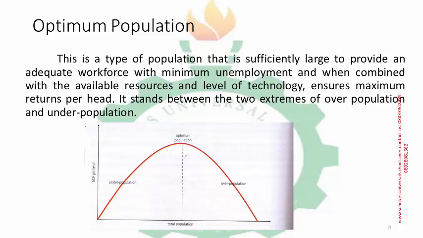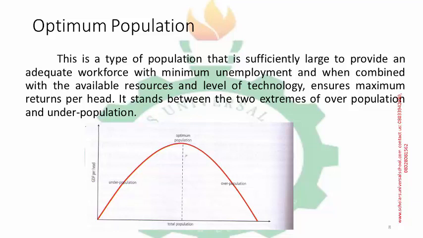Now the optimum population is in between the two. If we look at the graph on this slide, we can see underpopulation on the left-hand side, overpopulation on the right-hand side, and optimum population in the middle, where the number of people in that country is adequate to use the available resources and the level of technology.